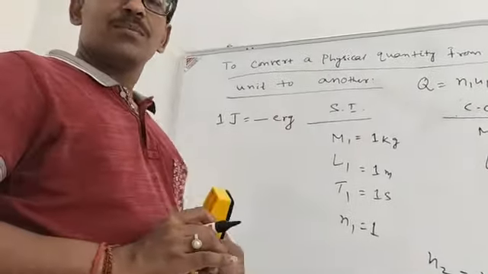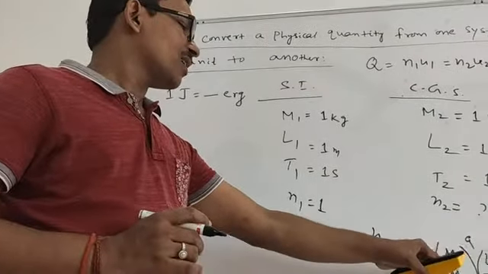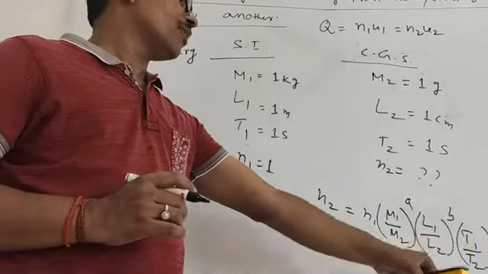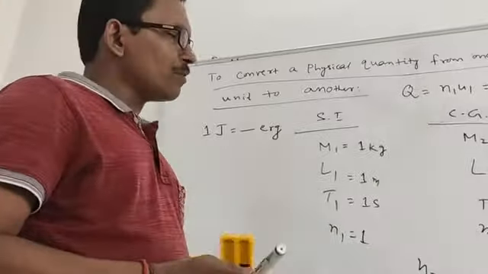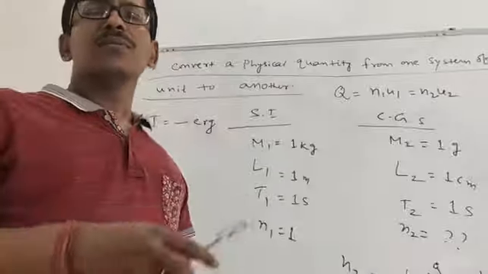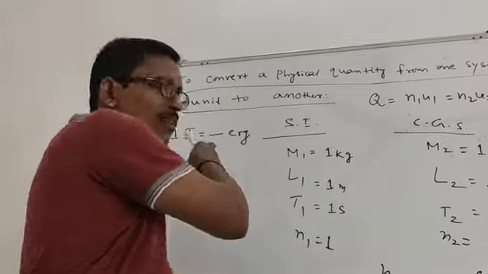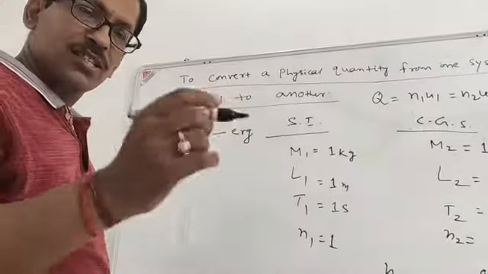Very simple procedure. You can put the values of N1, M1, M2, L1, L2, T1, T2 and solve it. Then what about the values of a, b, c? a, b, c are the dimensions of the physical quantity. Here the physical quantity is work. You know the dimensional formula of work or energy. What is the dimensional formula?